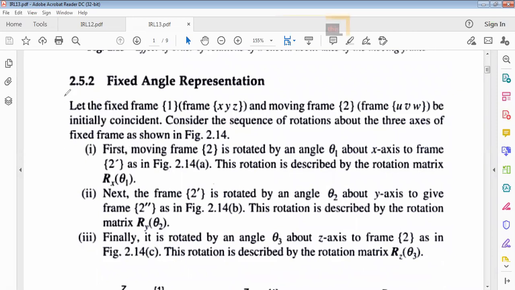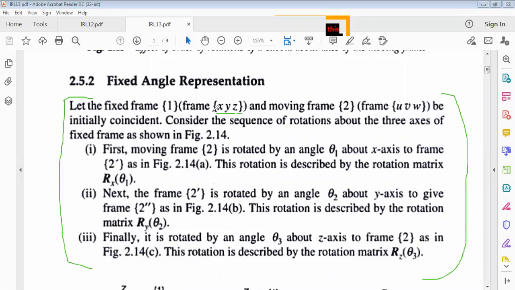So first let us read this paragraph. Here frame 1 is fixed, that is XYZ. These XYZ are called principal axes.